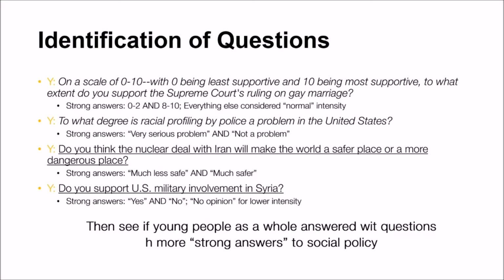Doesn't mean that they didn't respond strongly to maybe perhaps the Iran deal or U.S. military involvement, but that in comparison to older people, they have stronger views on social policy, whereas maybe older people have stronger views on foreign policy or tax policy. So for a hypothesis like this, you sort of have to think, how can I combine questions to really get at what I want?